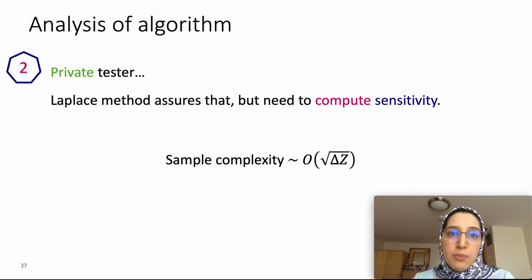The second part is that privacy is guaranteed by the Laplace mechanism, but we still have to compute the value of delta z. This is essentially where the reductions come from. For different reduction schemes from other problems, you might end up having different values of z. So for every problem that you want to reduce to closeness, you need to compute how that reduction would change the sensitivity of your algorithm.